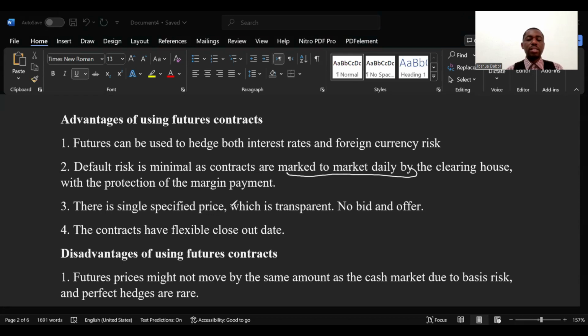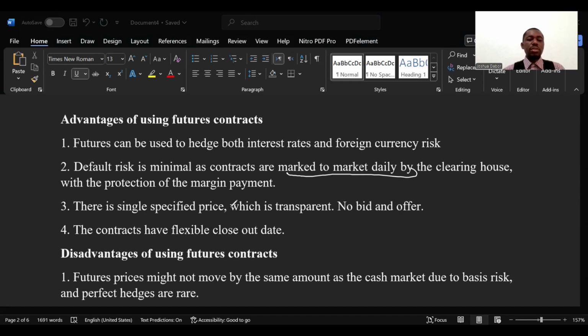Profits are realized at the end of every day, and also losses. So when the transactions are marked to market, you are not waiting till, for instance, you buy a 3-month future, you are not waiting till the end of the third month to calculate the profit or loss on the futures contract. The profit or loss is calculated on a daily basis for the clearinghouse to be able to ensure that both parties are protected.